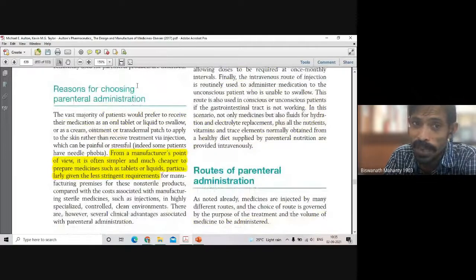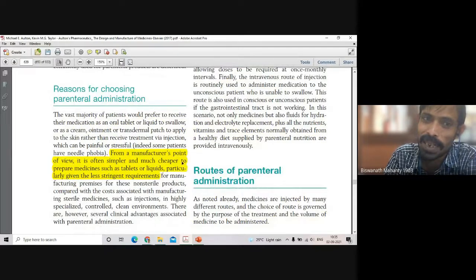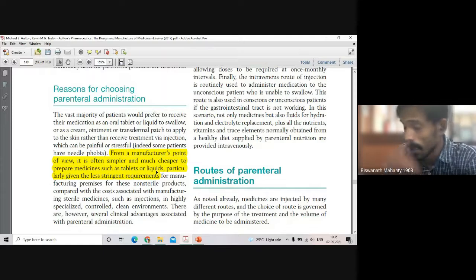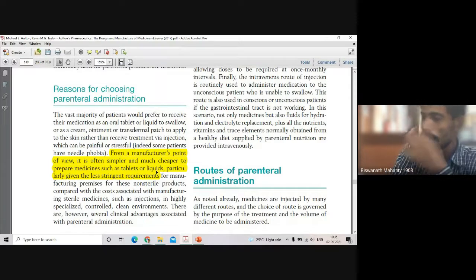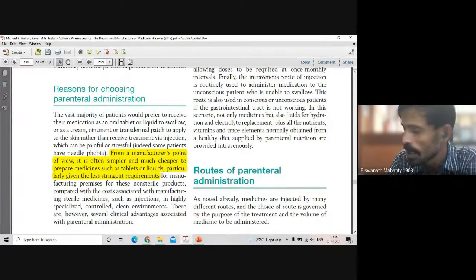Reason we are choosing parenteral. So it is, you see, often simpler and much cheaper to prepare medicine such as tablets and liquids. You understand? So from the drug manufacturing point of view, parenteral is not really good, because you need to be more careful when I am preparing parenteral. Many precautions are there. We'll talk about them a little bit later.